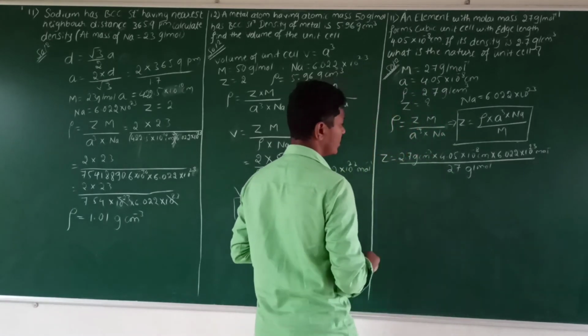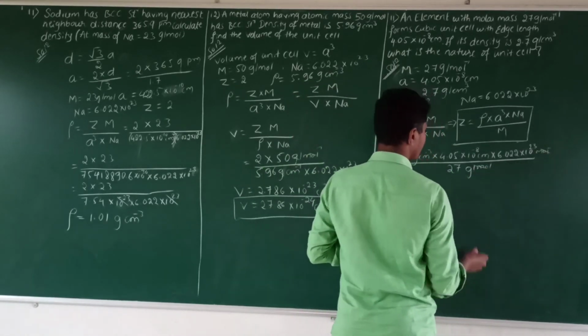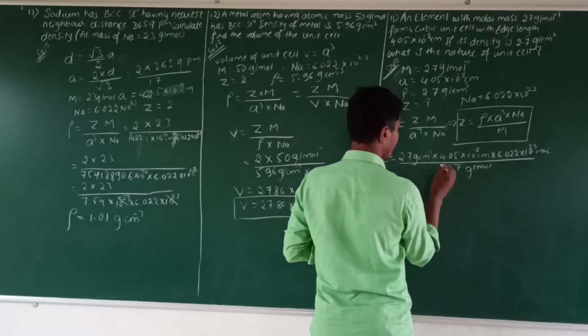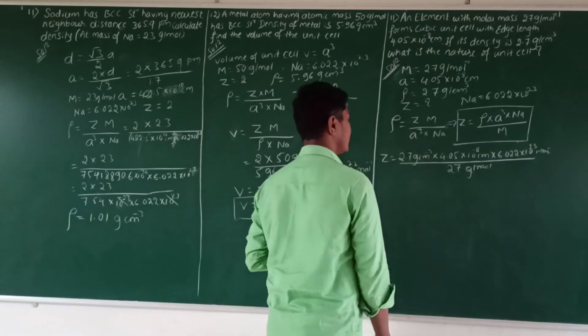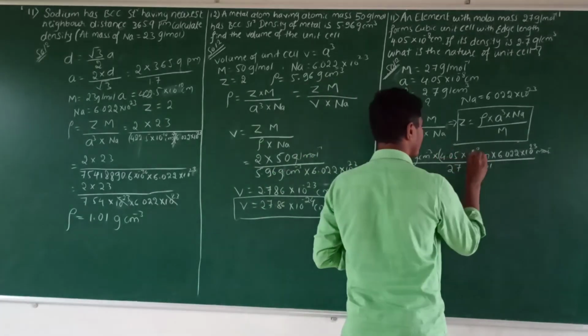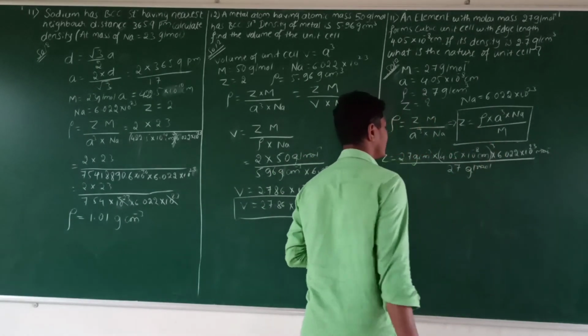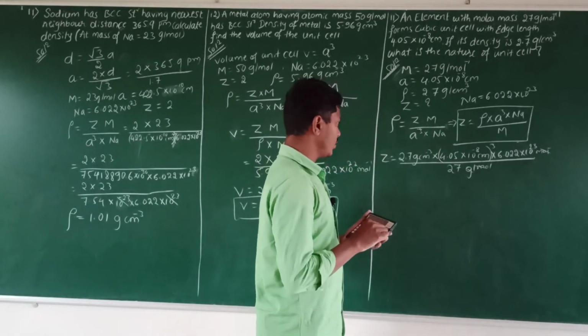Gram per mole gets cancelled, gram gets cancelled, centimeter gets cancelled, isn't it? Okay, this is the cube root now.